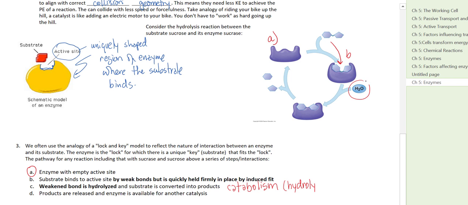So here we can see water being added across the bond to help break that bond. And then finally, so we have here C, and then finally products are released and enzyme is available to react again. And so the enzyme is returned to its original state.